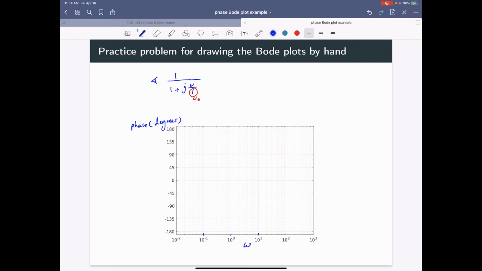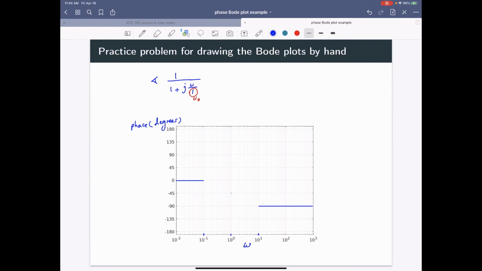All right, so for omega values less than 1/10 of omega naught, the angle of this function is 0 degrees. For omega values greater than 10 times omega naught, the angle is negative 90 degrees. When omega is equal to omega naught, we saw that the angle is negative 45 degrees.